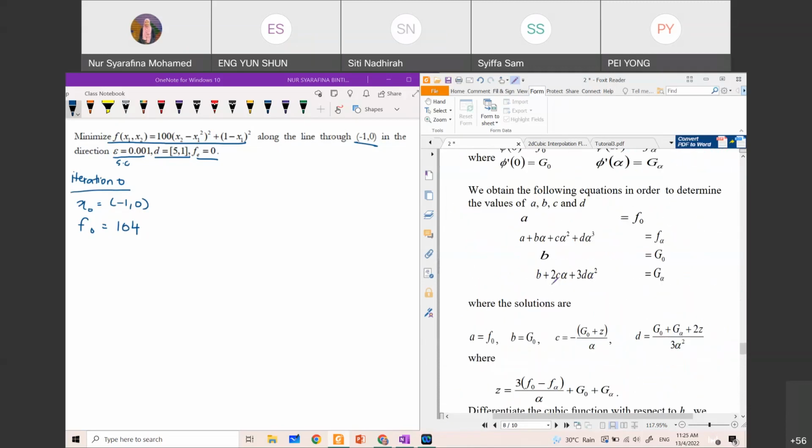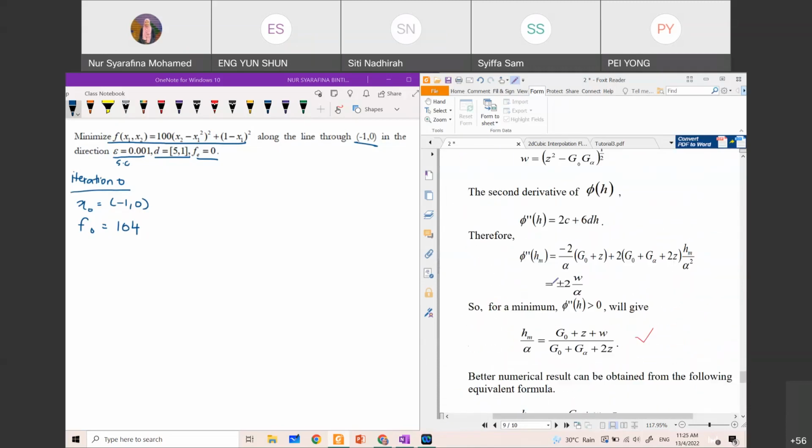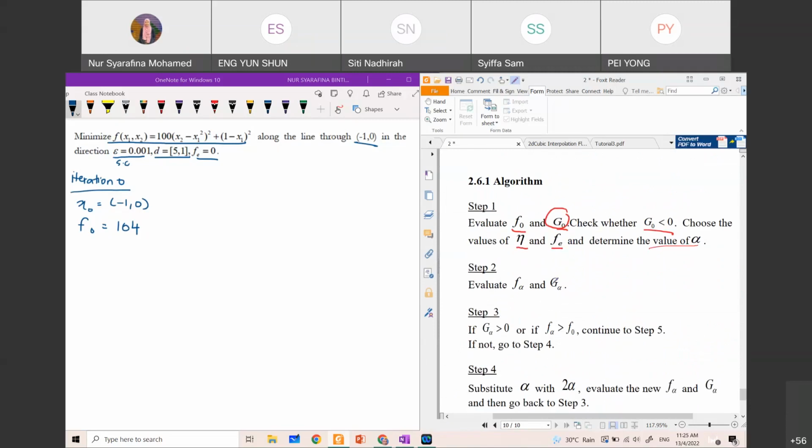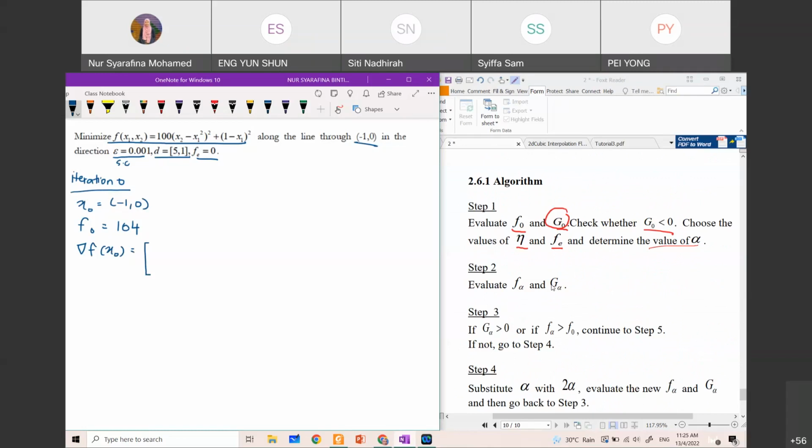Okay, so now, in order to find g0, we need to find the derivative of f at the initial point. We have here two variables, so you need to differentiate partially with respect to x1 and x2 each.